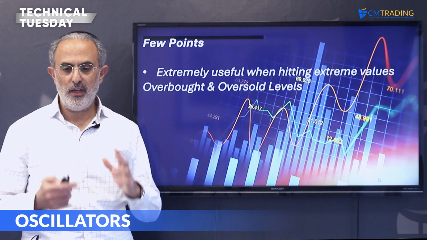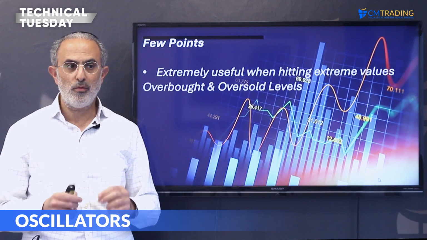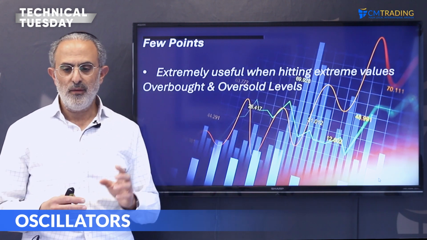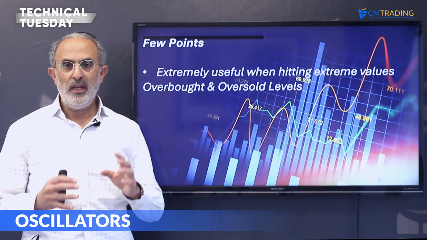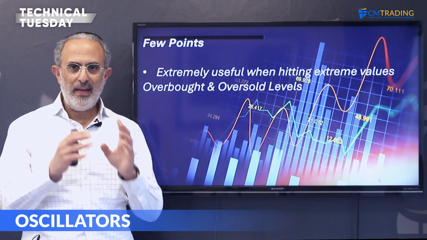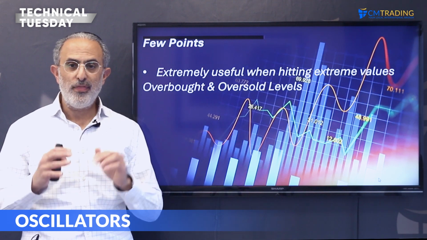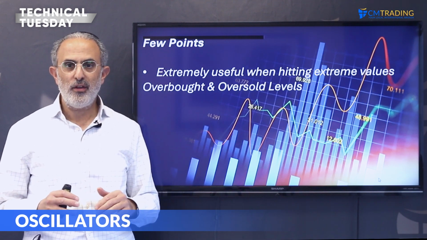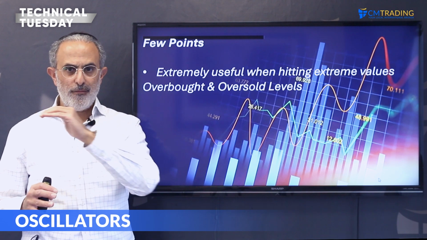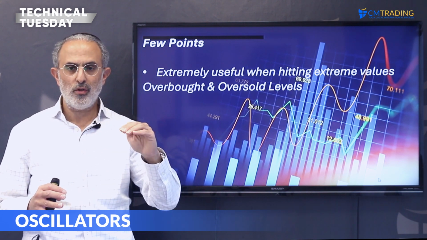A few very important points before we start the series. They're extremely useful in identifying and hitting extreme values, either overbought or oversold. Those are your entry points. They'll usually have a zero line in the middle.